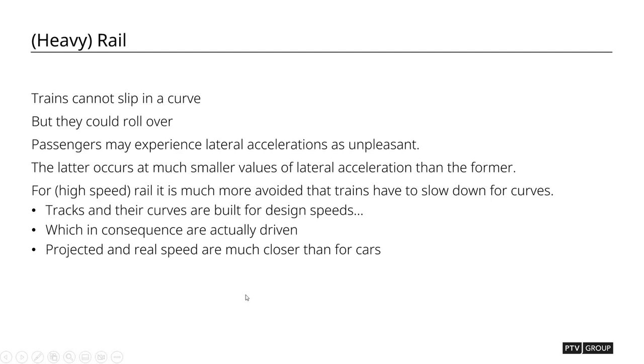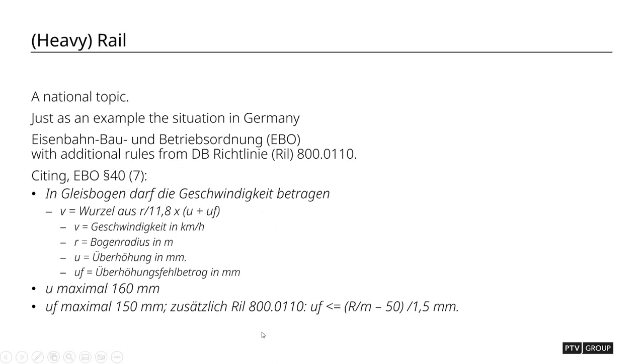For heavy rail, long distance rail, high speed rail, there is a design speed and the rail is really going with that speed, and we know that it is safe. So it's a bit trivial. It's not like with cars, where the road is built and we don't know what the car drivers do, and everyone does a different thing. It's a centralized system and everyone is following the rules.